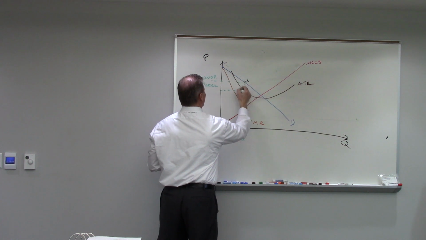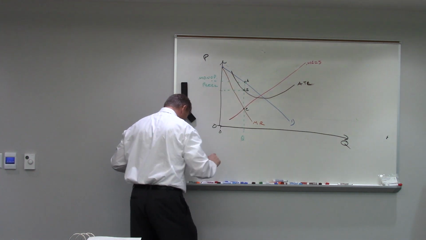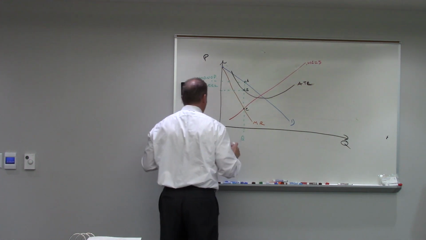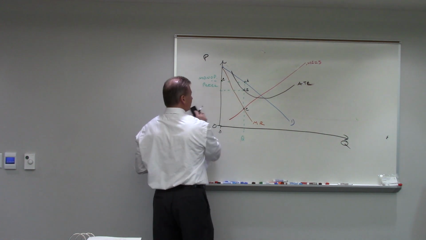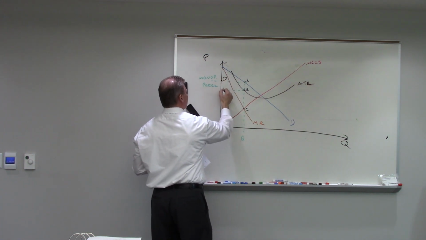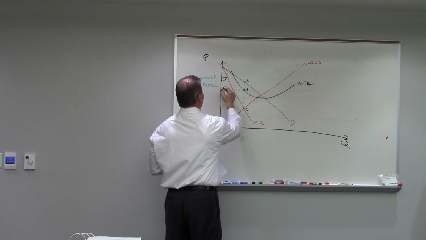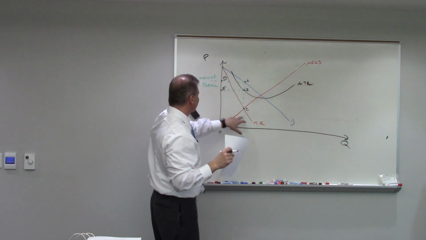Throw a couple of points on here. I'm losing all my markers here. Call that D, E. Just to make clear so you can see it: A, B, D, E, and C is over here.